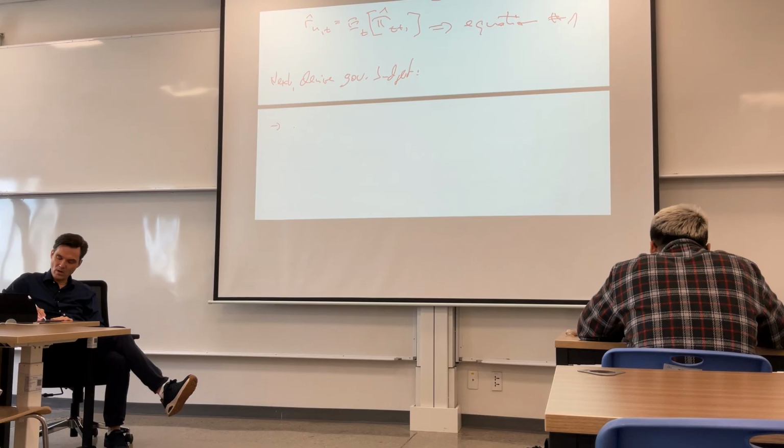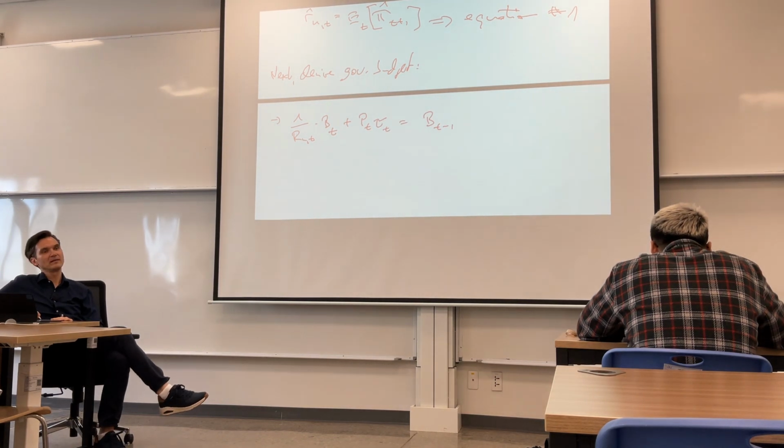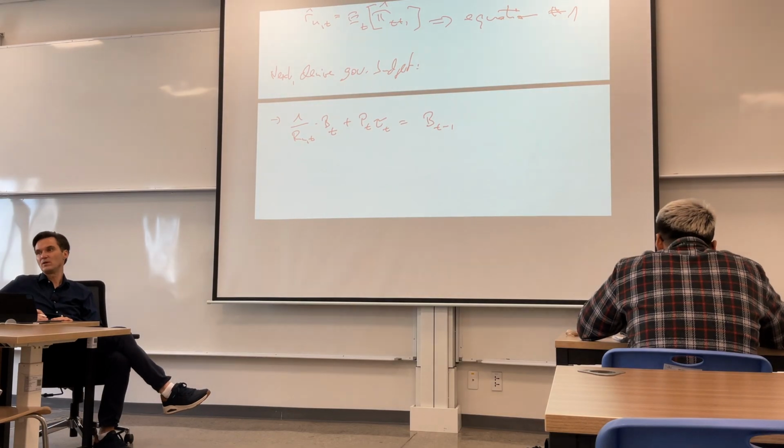That's 1 divided by R_{n,t} times B_t, plus P_t times tau_t, is equal to B_{t-1}. Right? That's the government budget constraint that we have in this model.